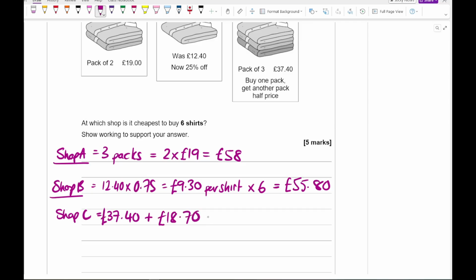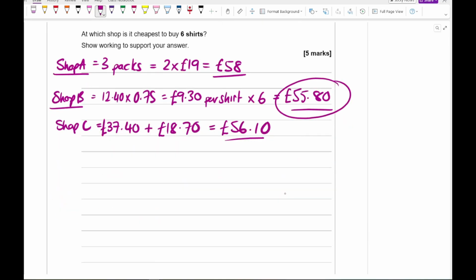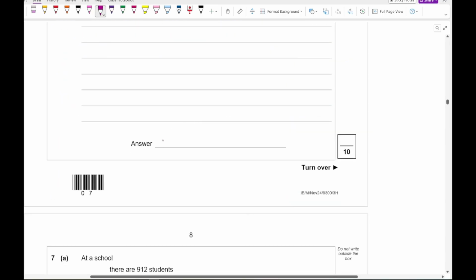So then adding that total cost up, I get a total of £56.10. So which one out of these 3 prices is the cheapest? Well, it's going to be shop B. So all I then just need to write here is shop B.